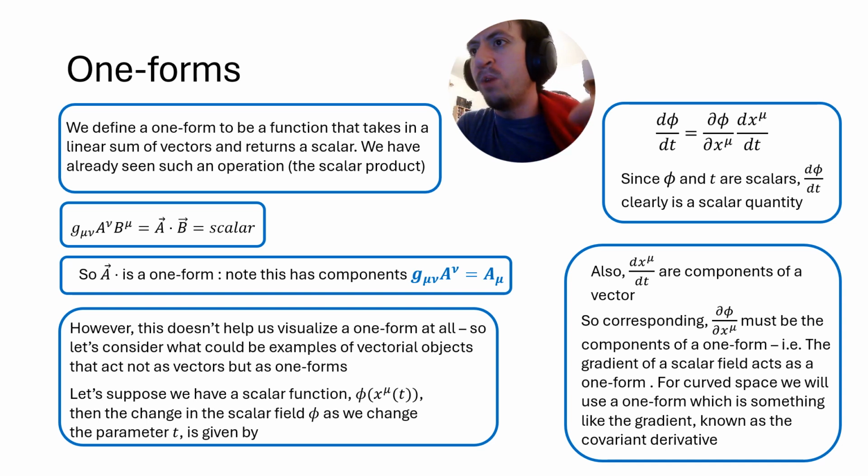So if we wanted a one form on a curved manifold, we would need some version of the gradient that would take account of the curvature of the manifold. An example of a gradient-like thing that does that is the covariant derivative. And so the covariant derivative is the type of one form we'll be using properly when we get on to applying all of this to curved manifolds and curved spacetime.